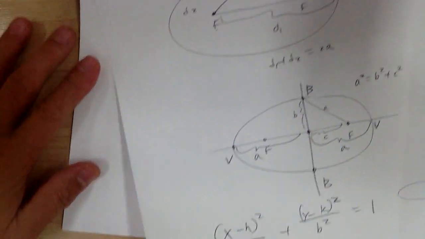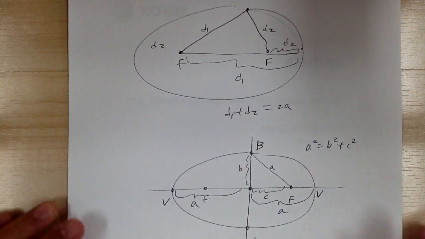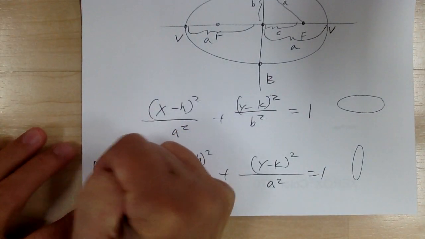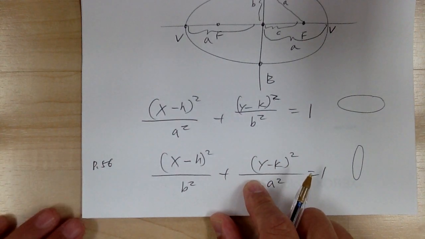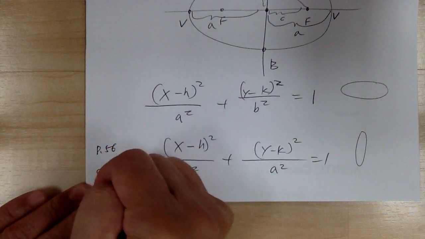Okay, now on page 56, there is another term. If you go to page 56, on the very bottom paragraph, there's a term called eccentricity. Eccentricity is e.